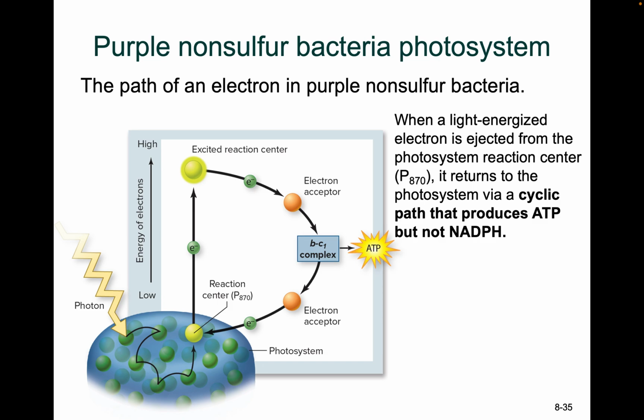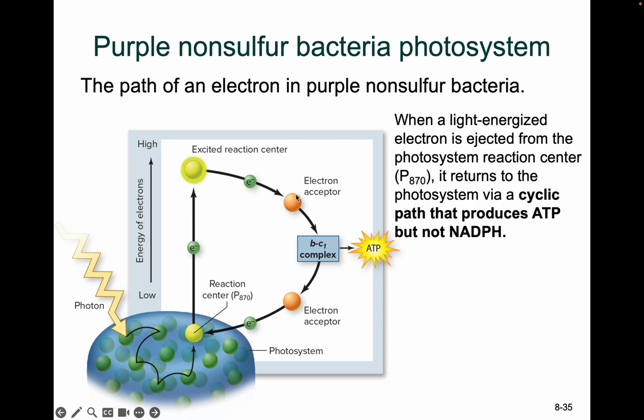Okay? So what happens here in this cyclic light-dependent photosynthesis is that the antenna is going to get the photon, harvest it, and pass it around until it reaches the reaction center. The reaction center, this P870, is going to absorb at 870 nanometers, the wavelength, and then it's going to pass its electron into an electron acceptor.